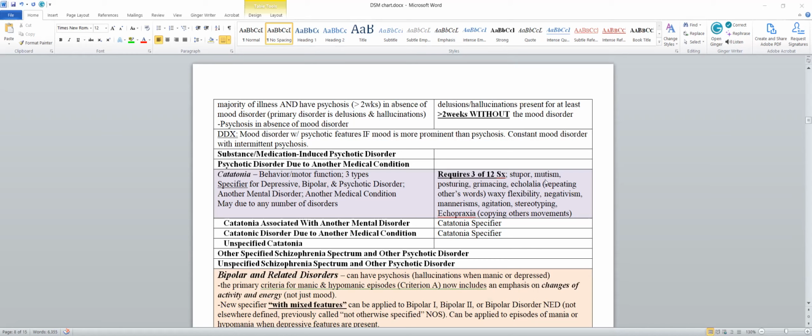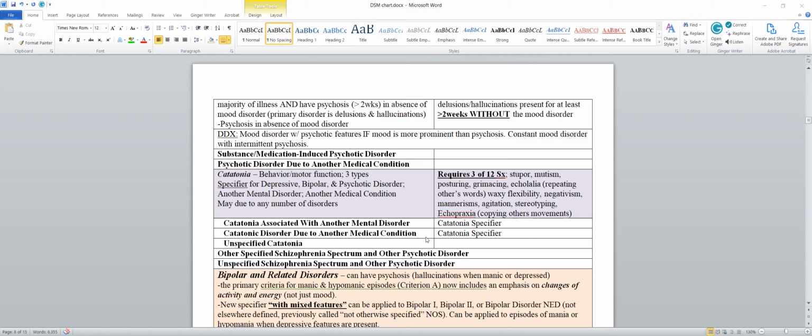These symptoms include stupor, mutism, posturing, grimacing, echolalia, waxy flexibility, negativism, mannerisms, agitation, stereotyping, and echopraxia, which is the copying of others' movements.